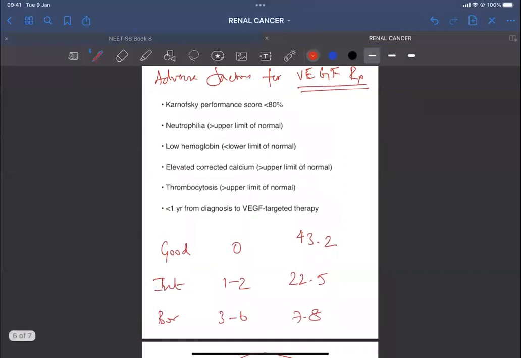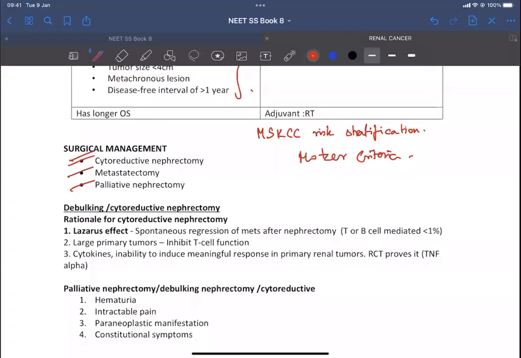The risk factors are roughly the same, performance status, but there are a few differences. Calcium, but hemoglobin is the same, neutrophilia, thrombocytosis, and time from diagnosis to targeted therapy is slightly different. And there are 6 risk factors now compared to 5 before.